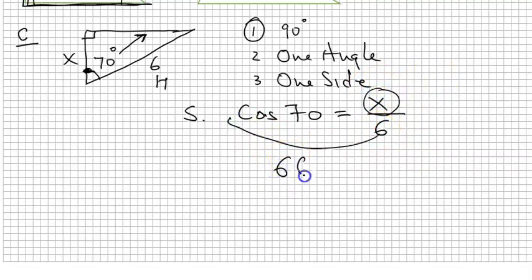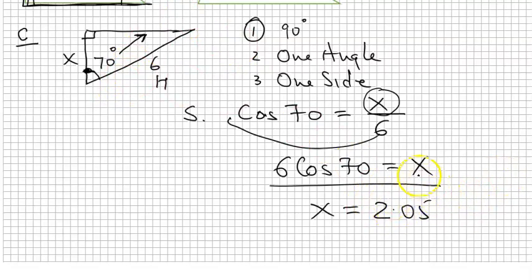So 6 cos 70 is equal to x, and that you can calculate using a calculator. So x will be 6 cos 70, 2.05. You check it yourself.